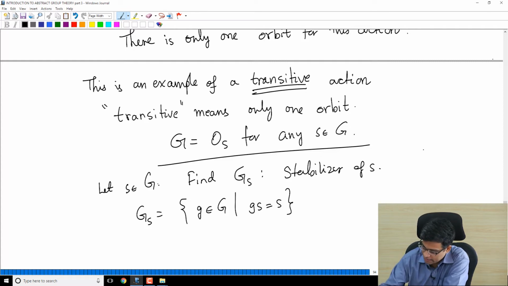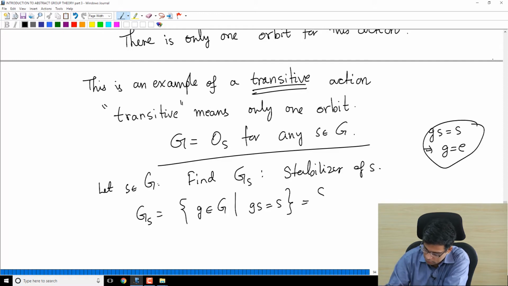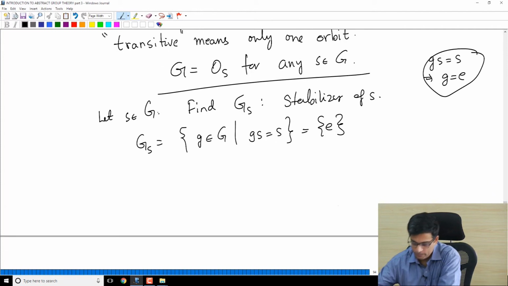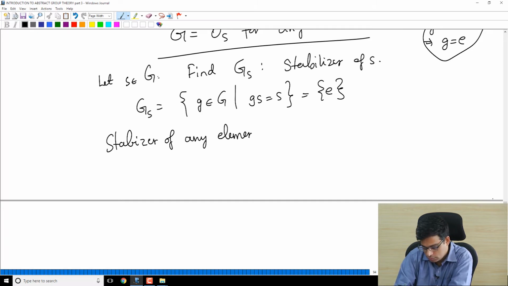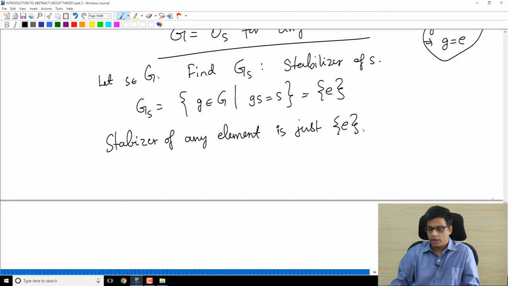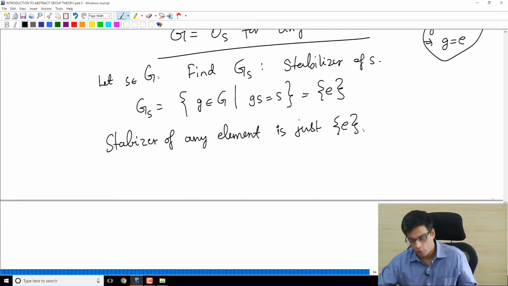If GS equals S, a quick calculation tells you, and this also we have done earlier, that G is just E. So the stabilizer of any element is just E. Okay, and this illustrates the counting formula that we have done.